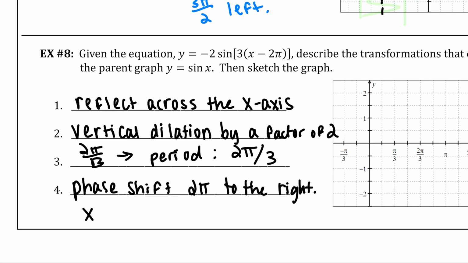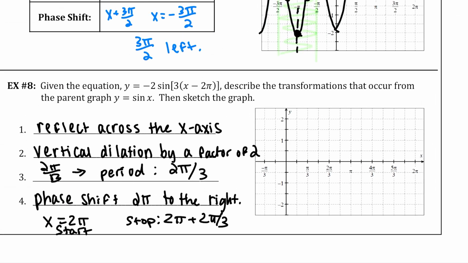So we start at x equals 2 pi. And then we stop at 2 pi plus 2 pi over 3.